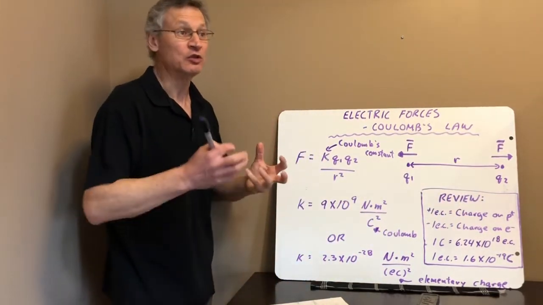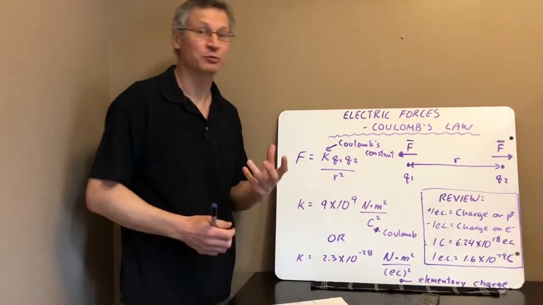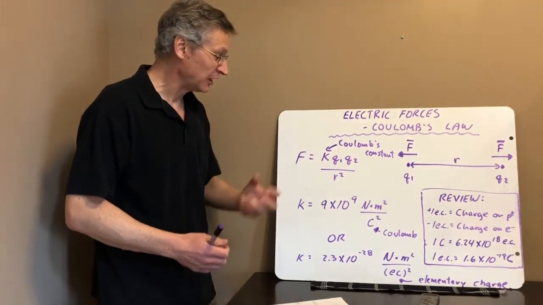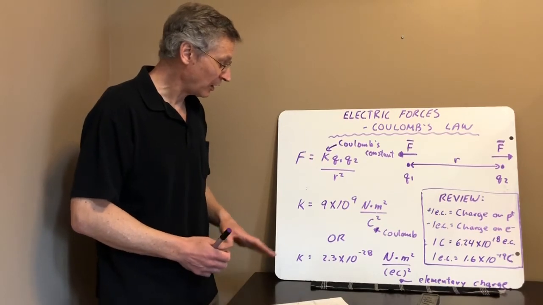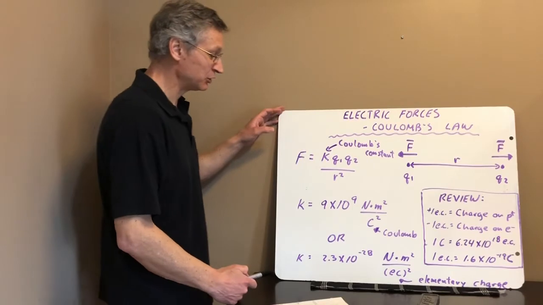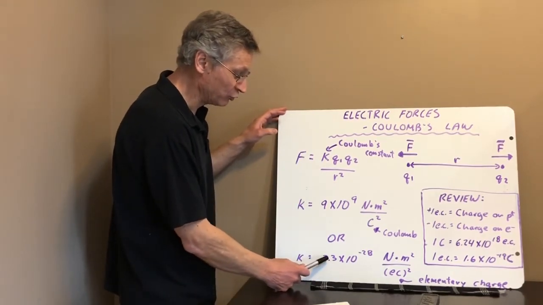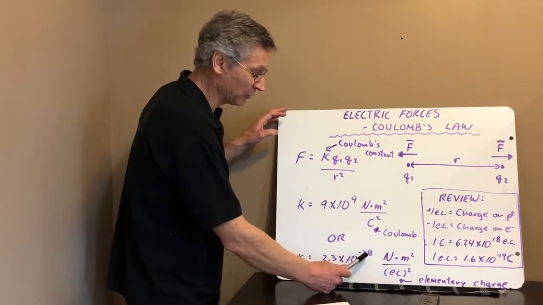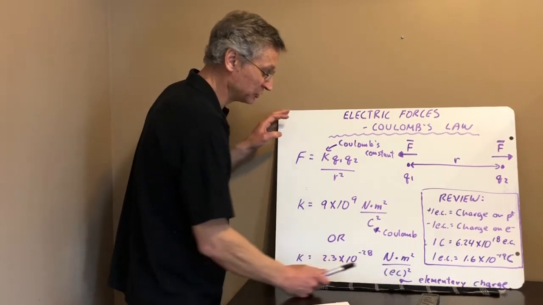Now remember, sometimes you don't measure your charge in coulombs. Sometimes it's more convenient to measure your charges in elementary charges. In that case, you're going to have to use a different value of K. If you're going to measure your charge in elementary charges, there is the K value, 2.3 times 10 to the minus 28, and you can see the units here are Newton meters squared per elementary charge squared.